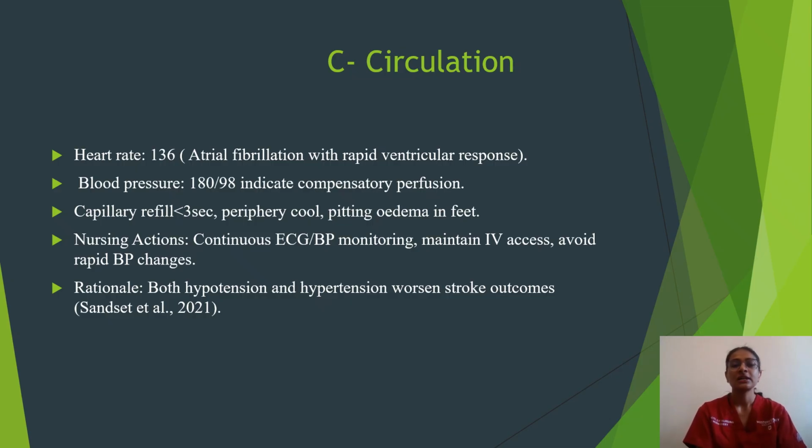Nursing actions: continuous ECG monitoring and BP monitoring to check the atrial fibrillation and blood pressure, maintain IV access, avoid rapid blood pressure changes. Rationale: both hypotension and hypertension worsen stroke outcomes, according to Sensat et al. 2021.